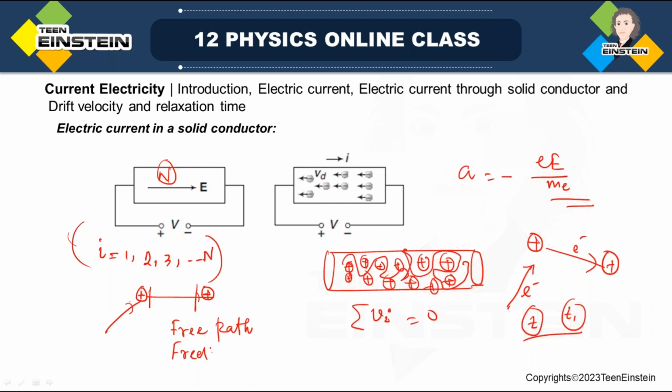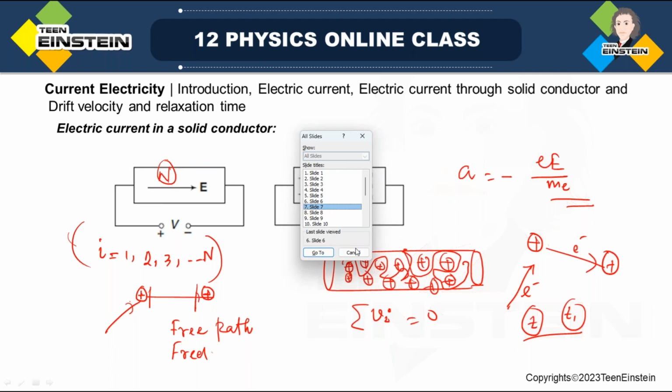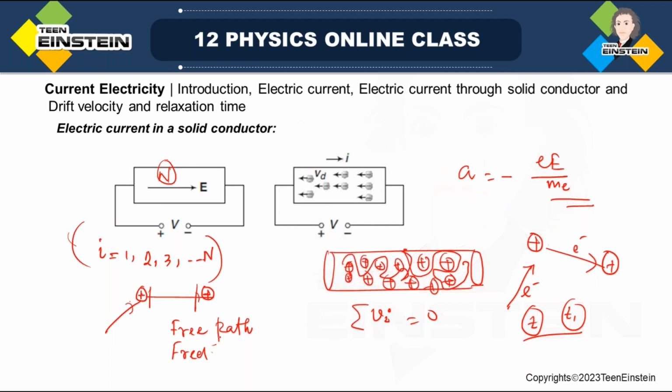Free path is the distance traveled by an electron during the time interval between two successive collisions. So free path is there, free time is there.